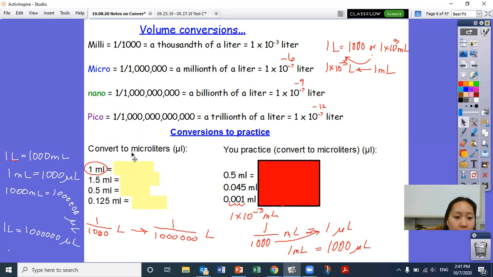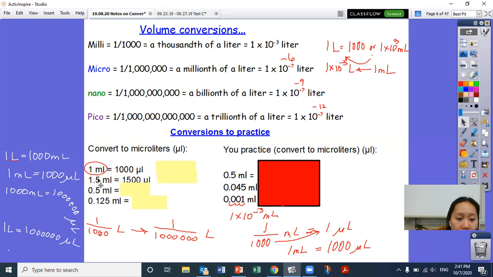So if you're converting 1 milliliter to microliters, remember, milliliter is bigger than microliter, right? 1 milliliter is 1,000 microliters. So you're going to write 1,000 microliters. Now it's the same thing as writing 1 times 10 to the power of 3 microliters. Right, 1.5 milliliters is equivalent to 1,500 microliters.